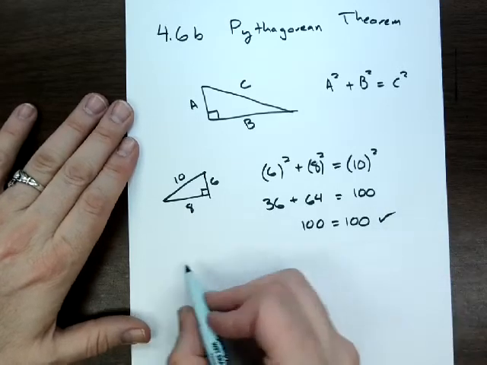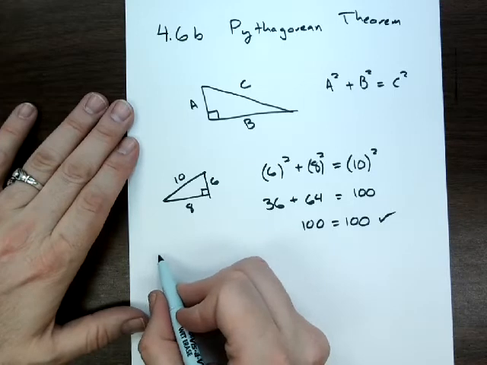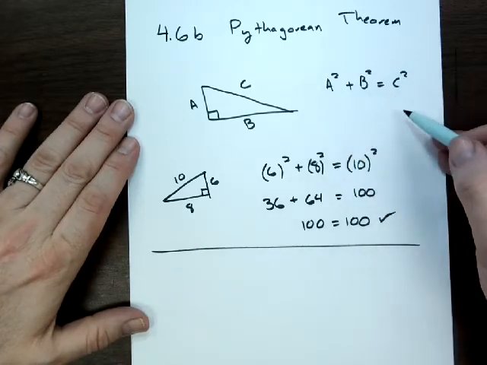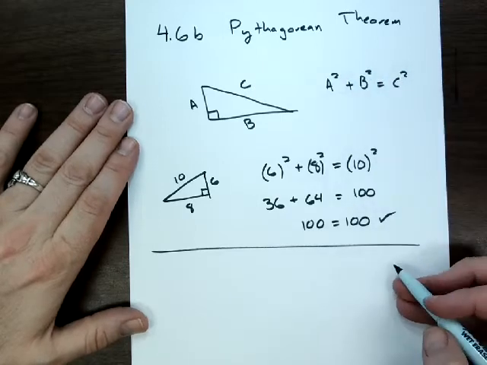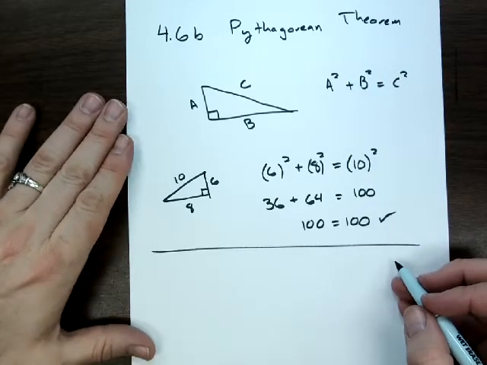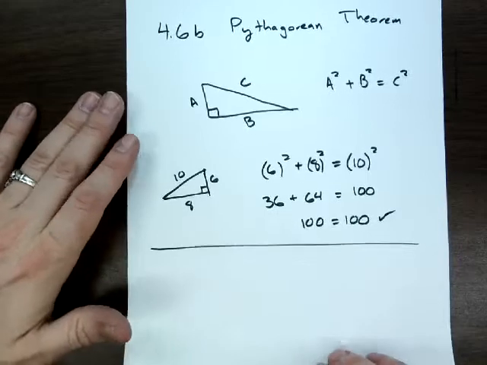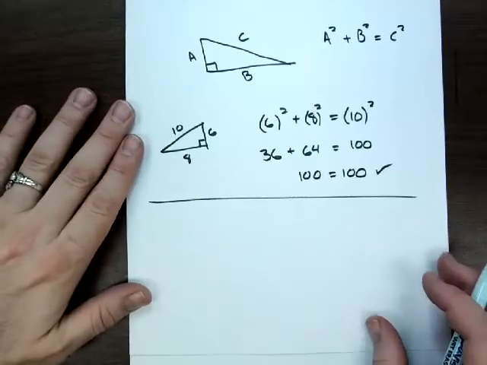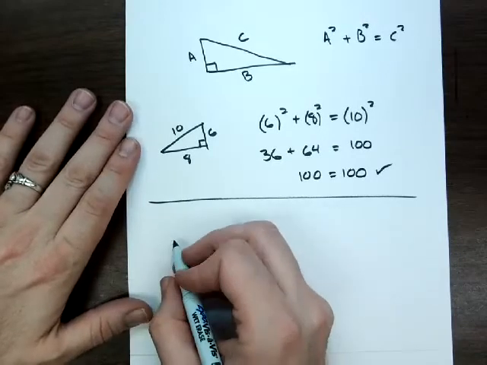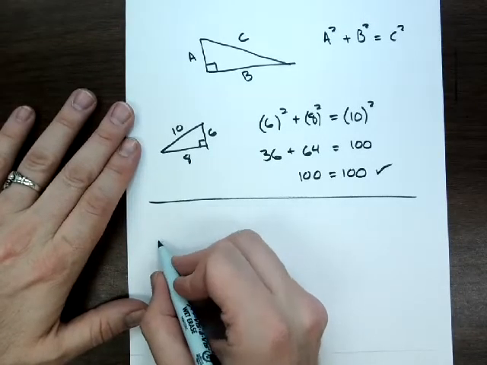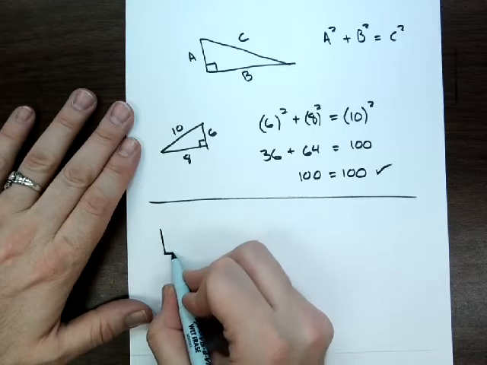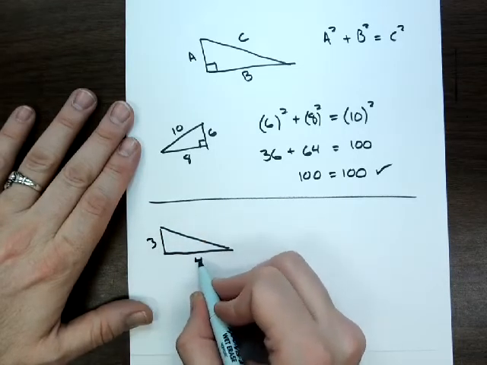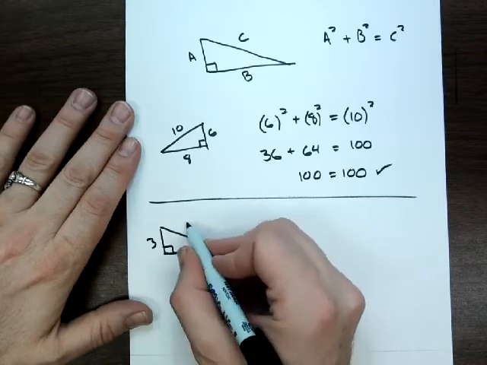Now, the funny thing here is we can use this property of triangles to solve for a missing side. So, let's say we've got a triangle that has sides of, say, 3 and 4, but I don't know what this last side is.